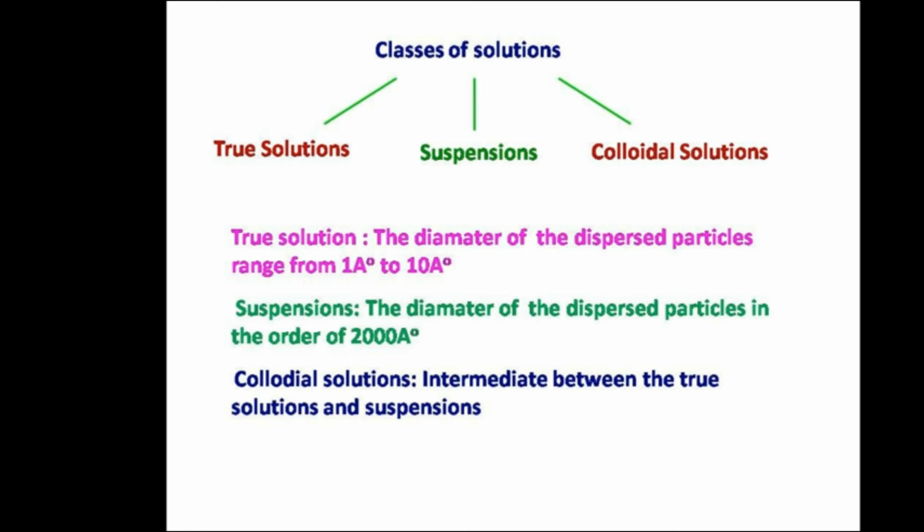He thought that this behavior is due to the particle size. He named the substances like sodium chloride, sugar and urea crystalloids, and the substances like glue, gum and gelatin colloids.